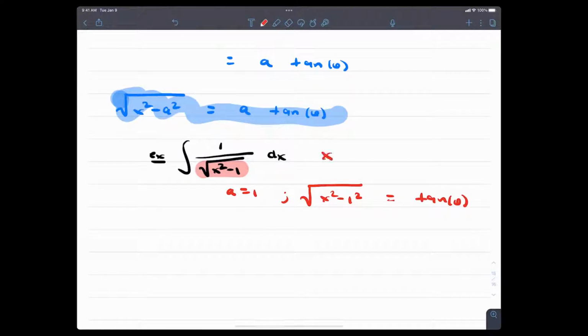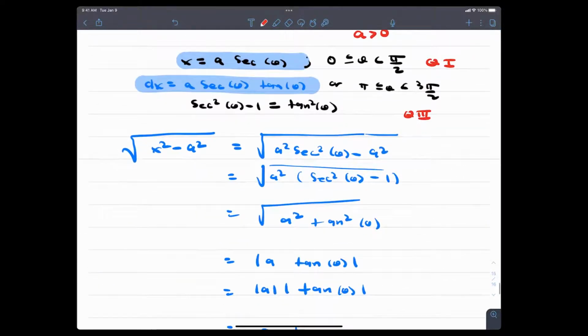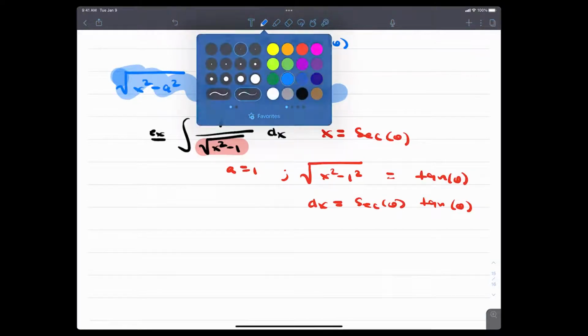And x is going to be, you said, okay, what was x? Is that a secant theta or 1 secant theta? Okay. X is a secant theta. So then that means our dx is, dx d theta, what's the derivative of secant? Secant tangent? Okay. All right, so let's do our substitutions.